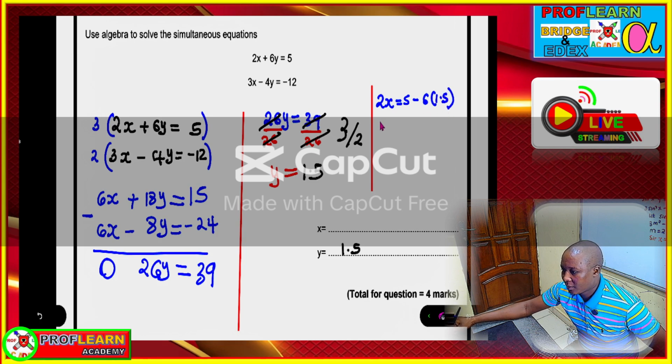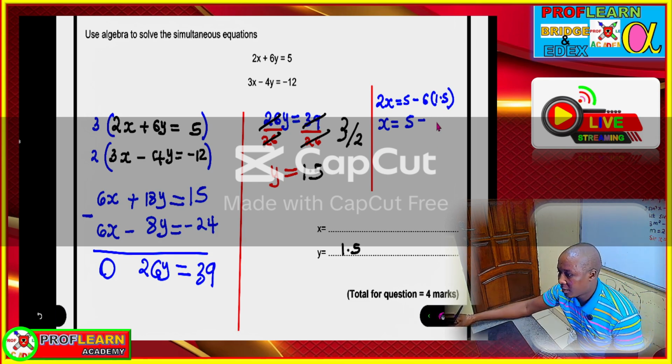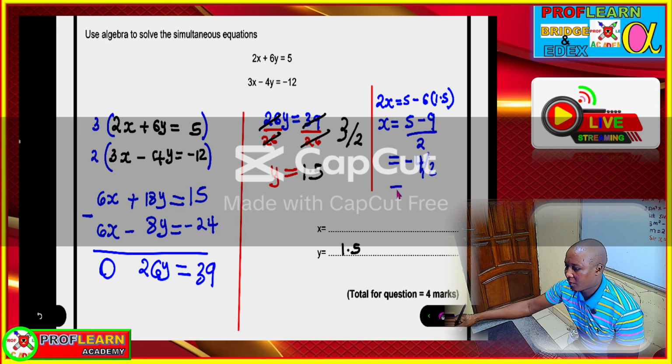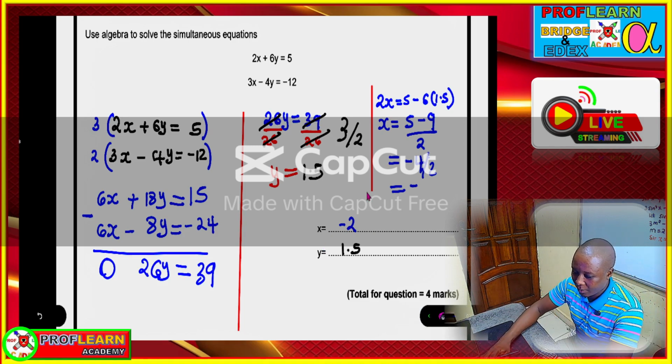And then our x therefore is going to be 5 minus 9, which is minus 4 over 2, and the answer becomes finally minus 2. So you transfer your answer there so that you can make the examiner happy. I can see x equals minus 2 is correct.